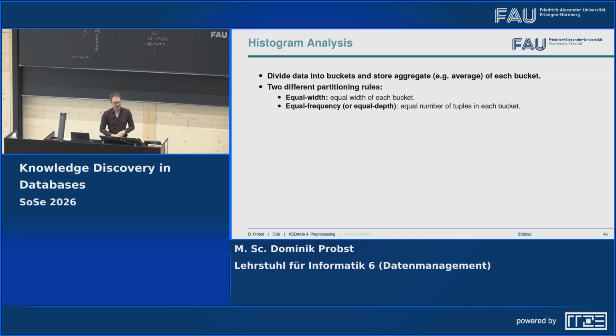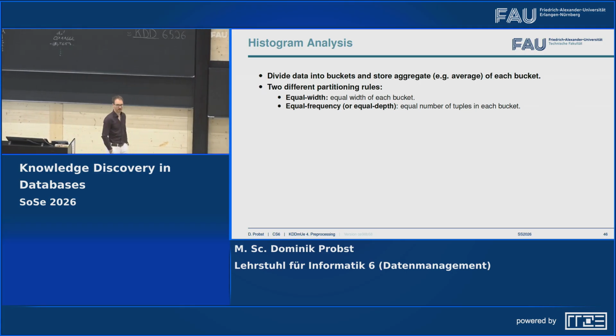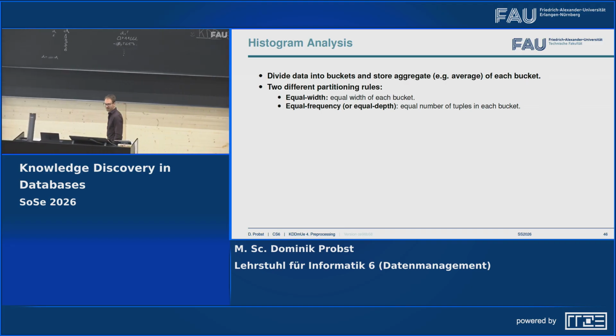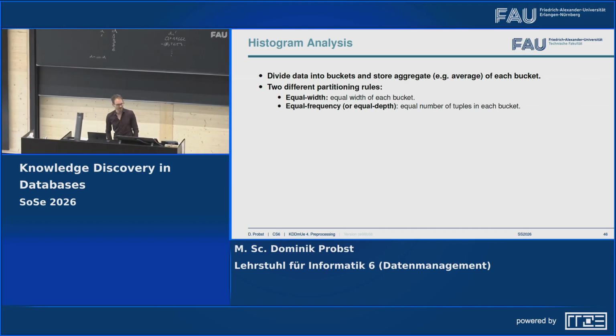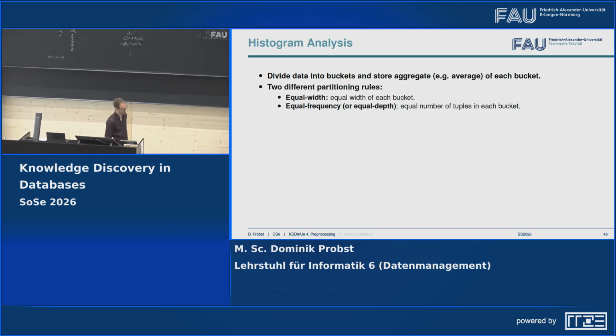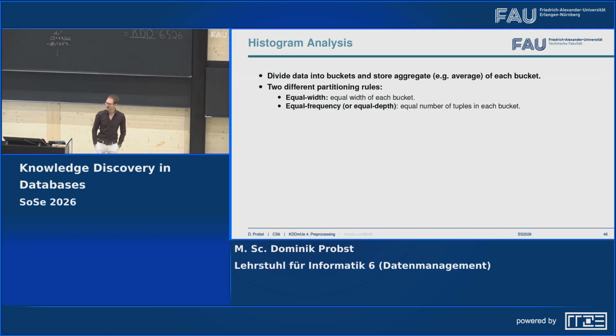For histogram analysis, and that's also something we talked about in visualization, but we can also talk about in dimensionality reduction, we simply divide the data into buckets and store the aggregate, so the average in most cases. There are some other aggregate functions we can also use for each bucket.